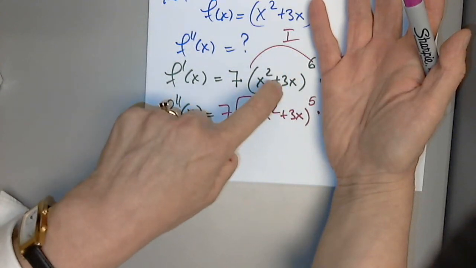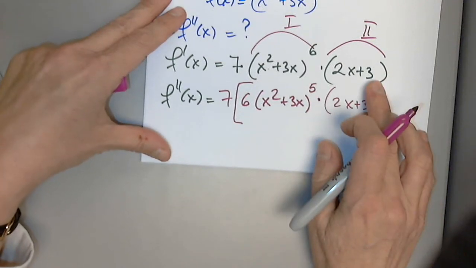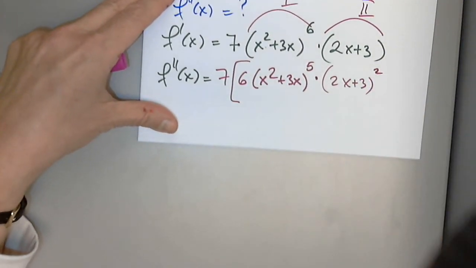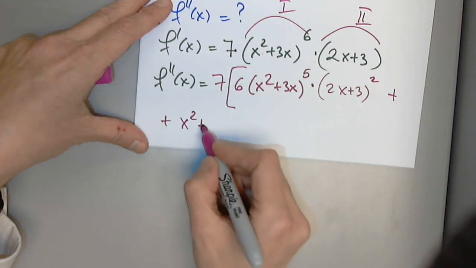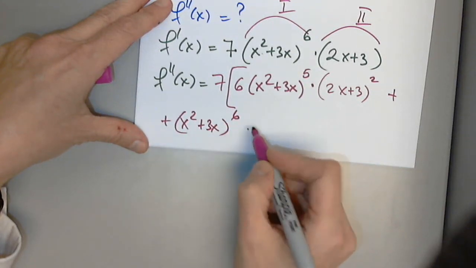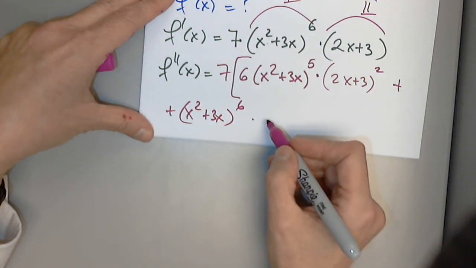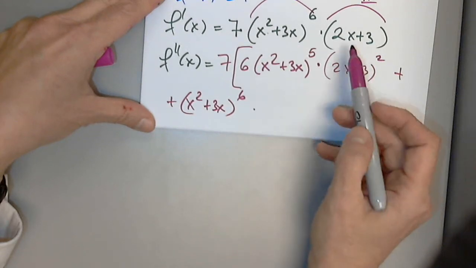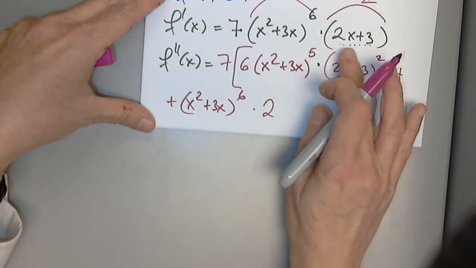I have to differentiate 2x plus 3. Times (2x plus 3), okay, I'm going to put square. Plus, I copy the first one now, and I differentiate the second one. Not too bad. The derivative of the second function will be just 2.